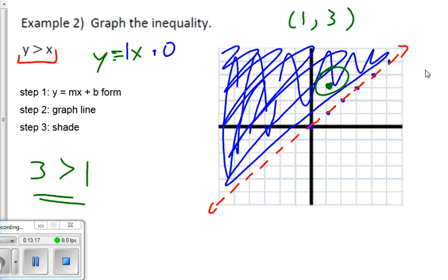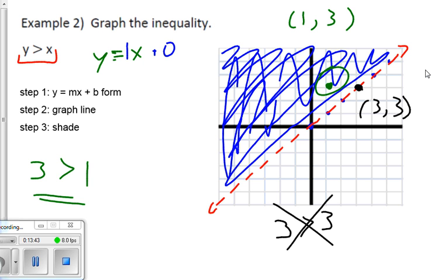You can check a million other points, anything you want. Again, looking at this dashed line, we're saying that it's dashed because if we pick this point right here, that's going to be the point (3, 3). If we plug that into our inequality, it would be saying 3 is greater than 3, and that's not true.